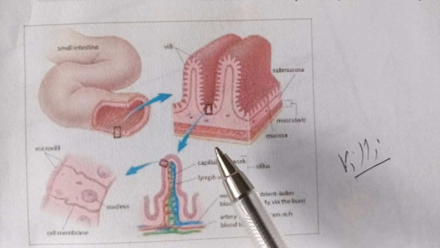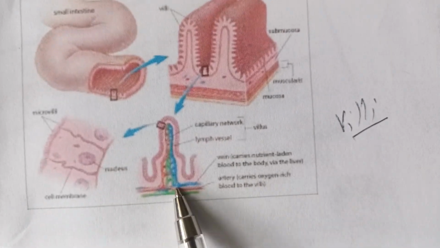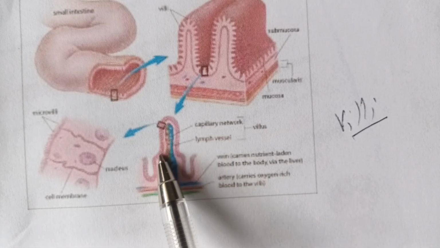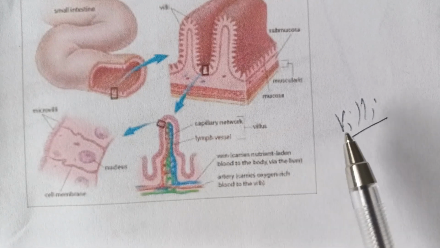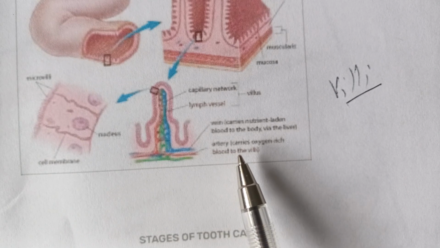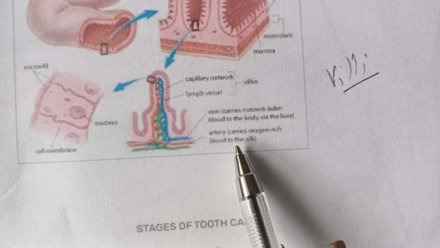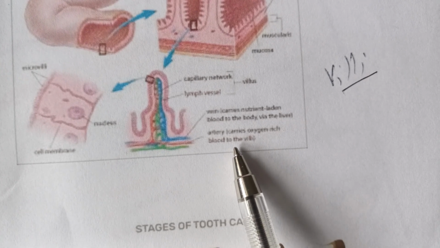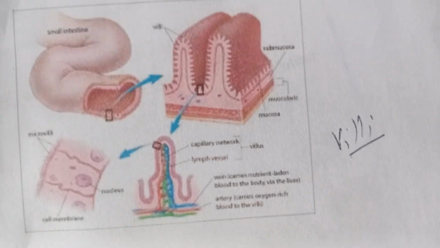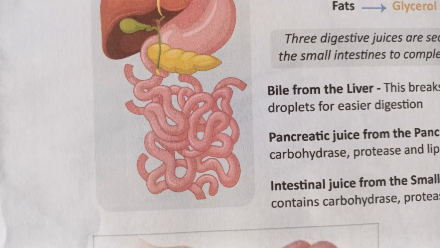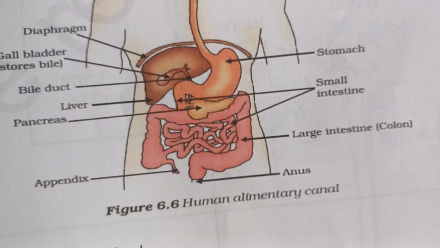The villi are richly supplied by blood vessels, and they absorb the food into these blood vessels, and then that is distributed to the cells of the body to supply them energy and the building material for maintenance, repair, and growth. The unabsorbed food from the small intestine then goes further into the large intestine.